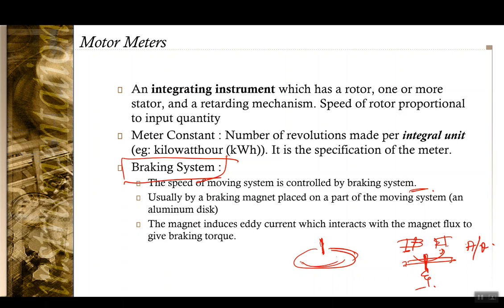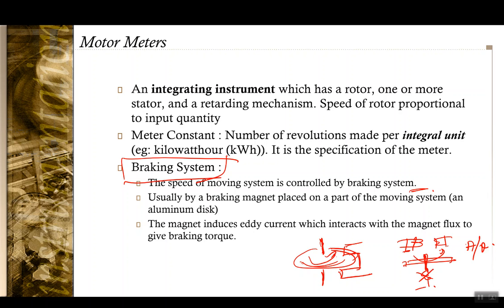Now in case of this motor meter, instead of a control spring, you forego this control spring, and instead you place a permanent magnet on one side of this disk.